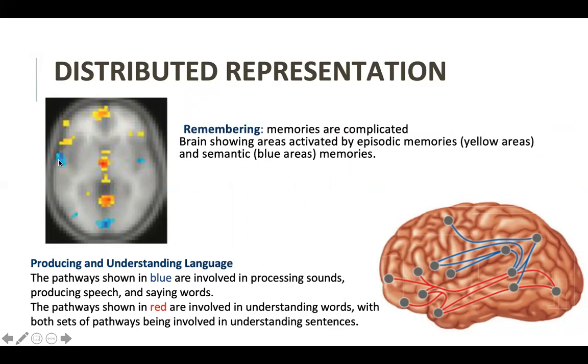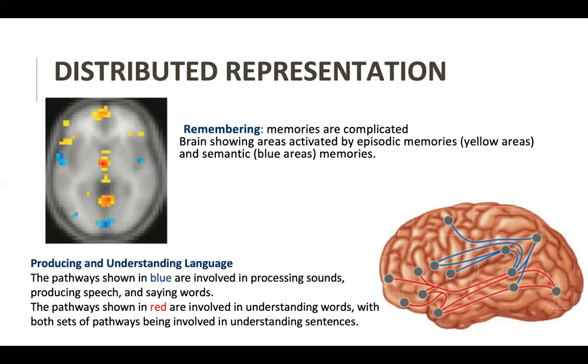Episodic memories are memories for events in a person's life, like remembering what you did yesterday. And semantic memories are memories for facts, like knowing the capital of Spain is Madrid.